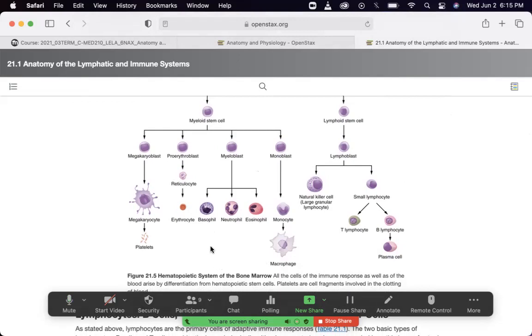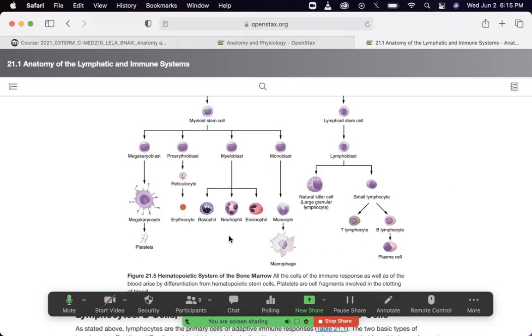Now, when you do a CBC or a complete blood count, the three main things that you're going to be counting are platelets, and that's your clotting. That's your clotting, right? These little tiny bits, erythrocyte or red blood cell, and then all of these, which are white blood cells. So when you do a CBC, it takes account of these, account of these, and account of all of these.